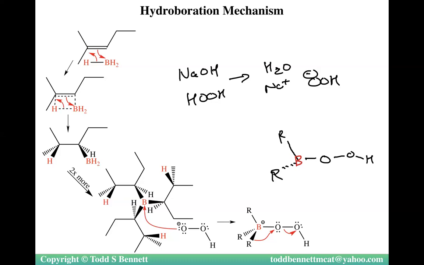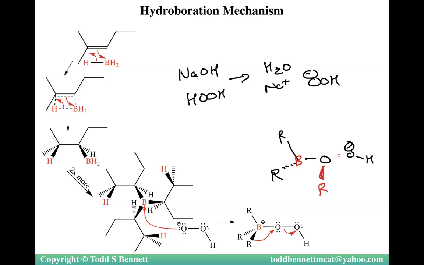But now the R group that was on the boron has gone in the same way on the O. And then this has left, so that bond isn't there at all. And I now have my negative charge on this OH. So I tried to leave everything in the same spot.